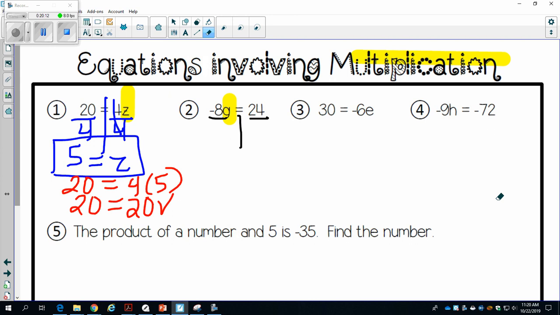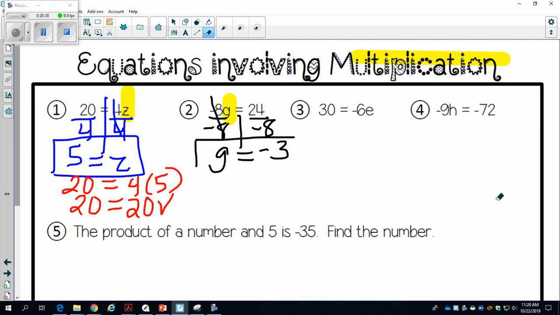But notice this time we've multiplied by a negative number. To undo multiplying by a negative number, you have to divide by that same number. So we're going to divide both sides by -8. When we do that, -8 divided by -8 is 1. So we get g is equal to, and then I'm going to solve 24 divided by -8, which is -3.